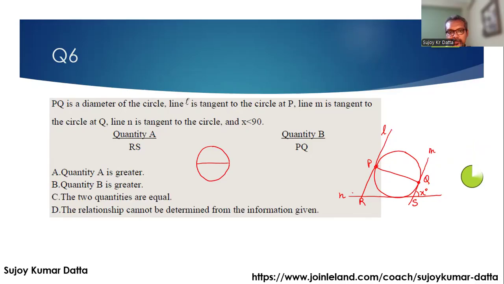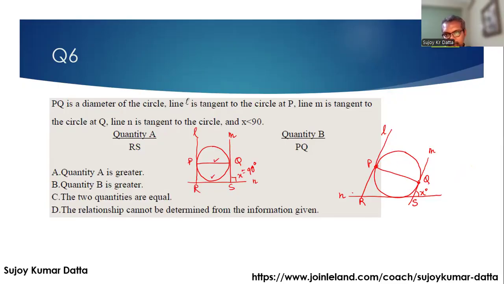So let us say PQ is exactly 90 degrees like this. PQ is directly straight horizontal like this. This is M. This is L. And this is N. And here X is exactly 90 degrees. This is RS. So as you can see, PQ and RS are equal in length. Right?